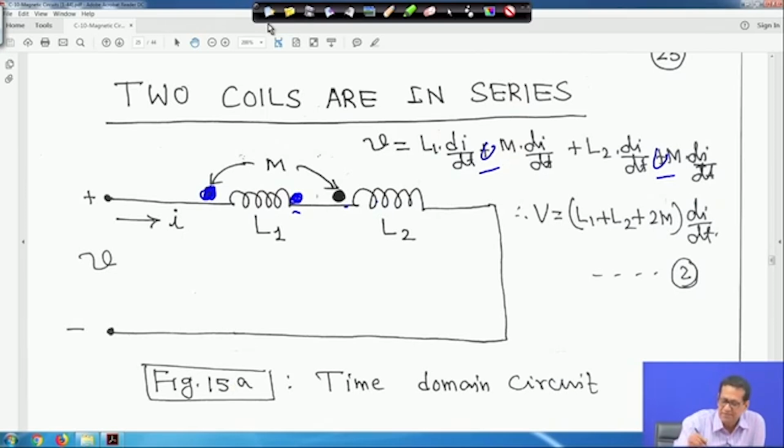Now similarly, suppose the dot is here and here. Here the current leaves the dot, and here also the current leaves the dot. In both coils the current leaves the dot, so the sign should be plus. So if both currents leave both dots or enter both dots, it is a plus sign. If one current enters the dot and the other leaves the dot, it will be a minus sign.